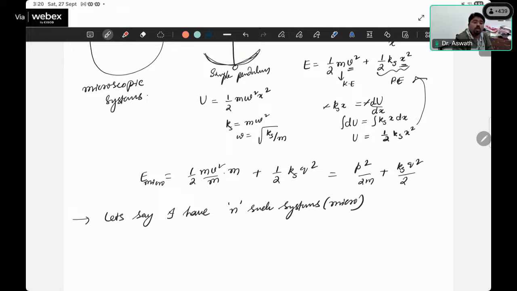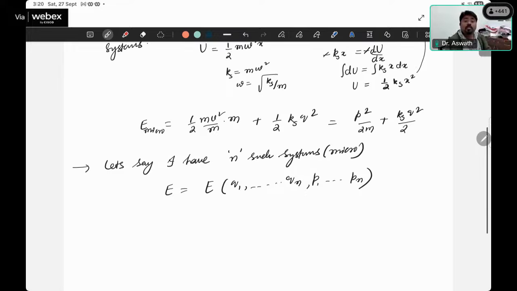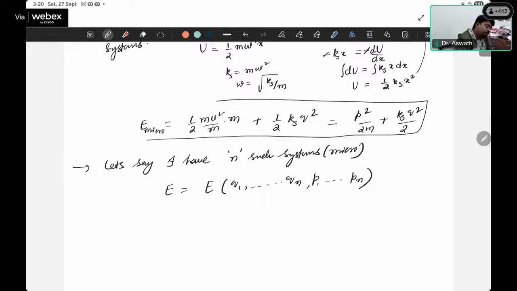Each one is described by its position and momentum. How many such things? q_n will be there, p_n will be there. Now what would be the total energy? The total energy is the energy coming from each one of them, like what I described here at the top.